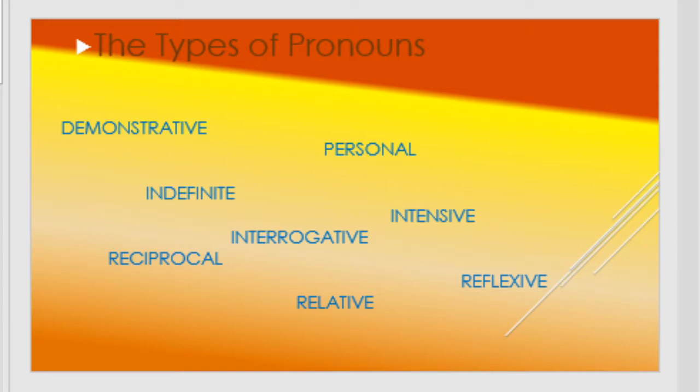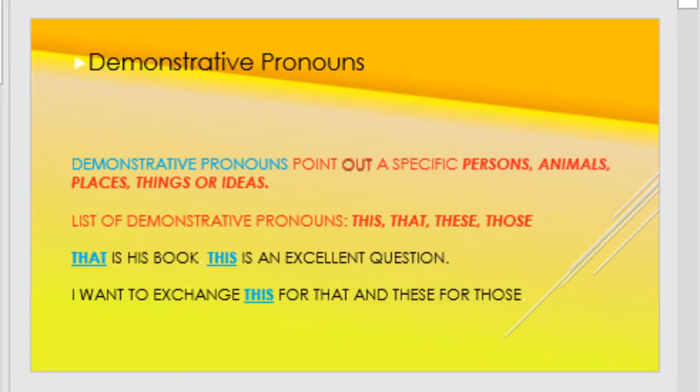Now let's move to the demonstrative pronoun. Demonstrative pronouns are pronouns that point out specific people, animals, places, things, or ideas. Here is the list of demonstrative pronouns: this, that, these, those. Example sentences: That is his book.